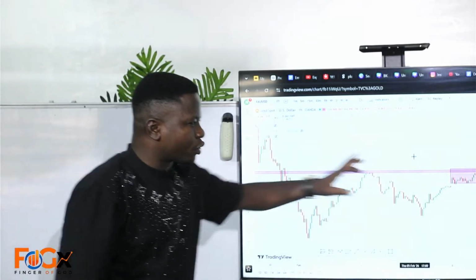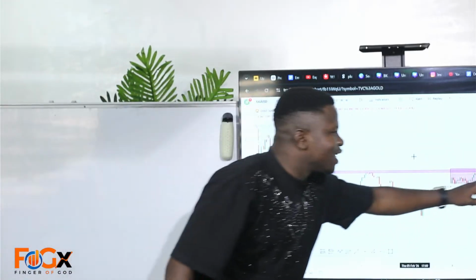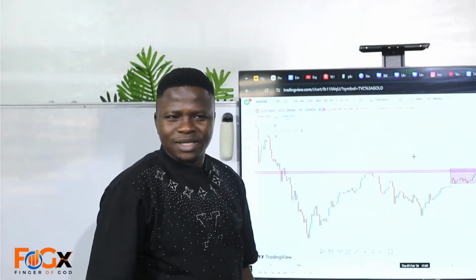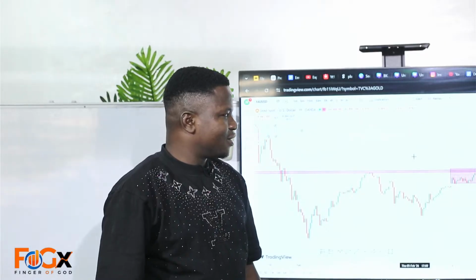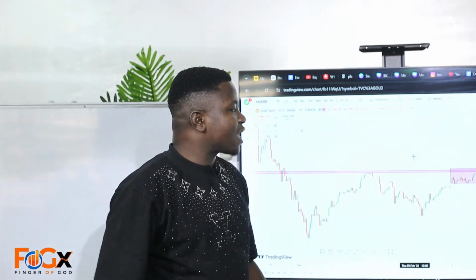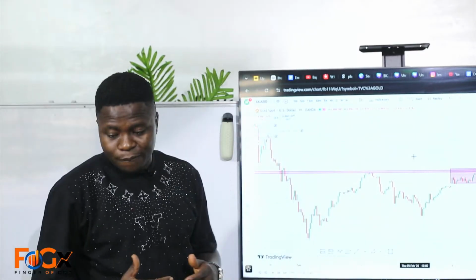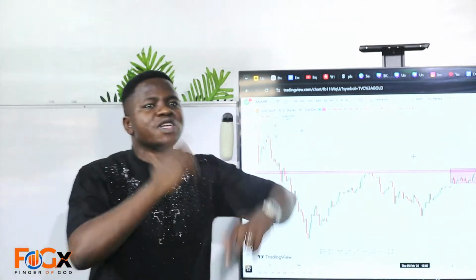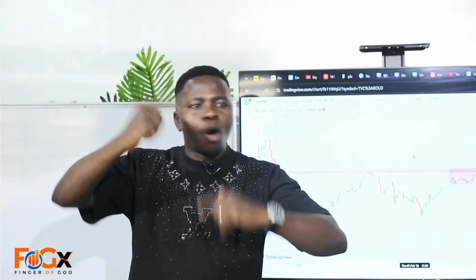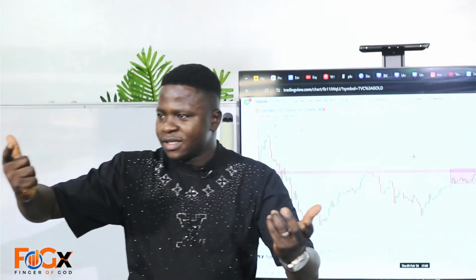They are all boxed. You can't say this is a bullish trend. In fact, those candlesticks right now, if you look at them on a much more lower time frame, you will see that they are having more wicks. You know what wick is? The shadow, that thin line.